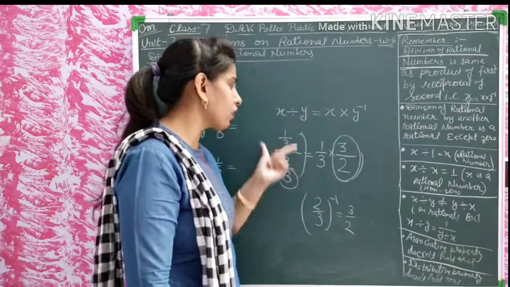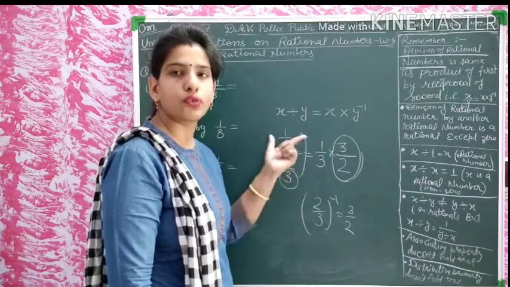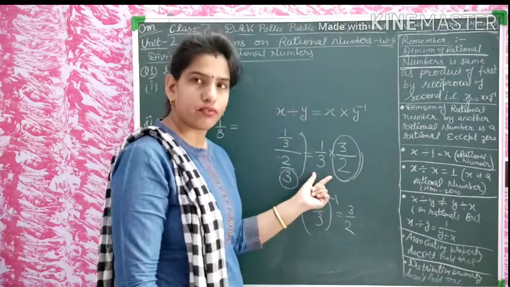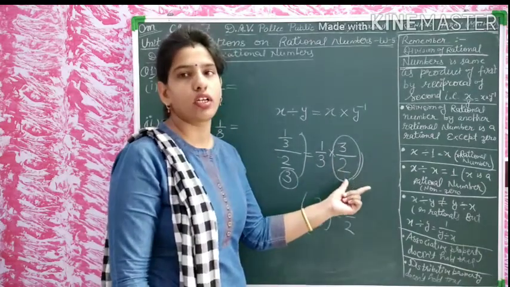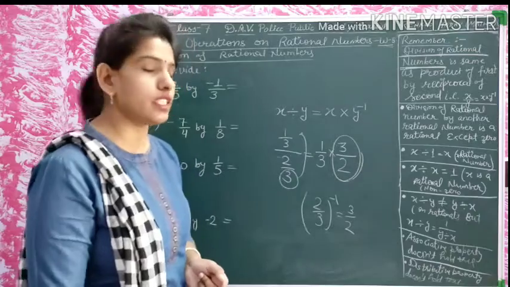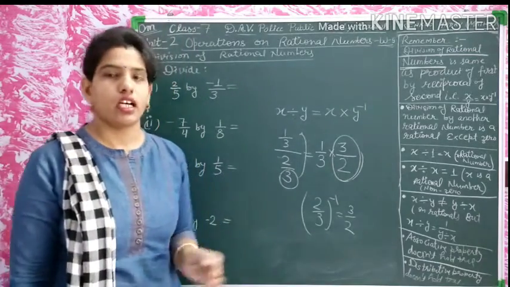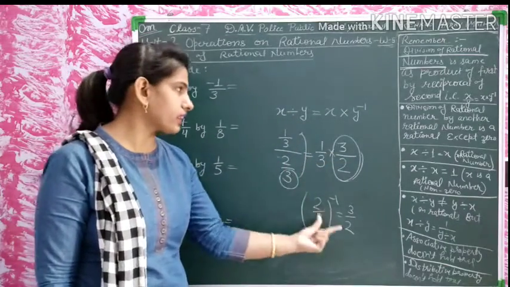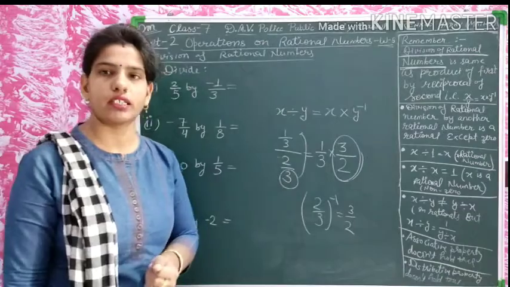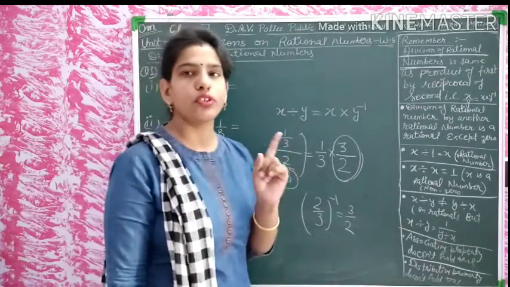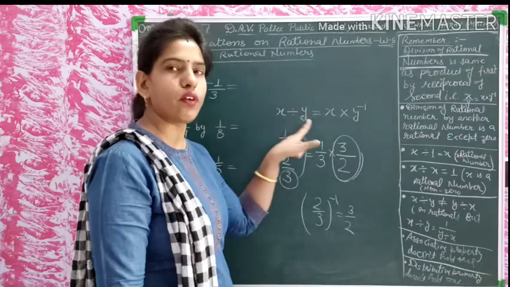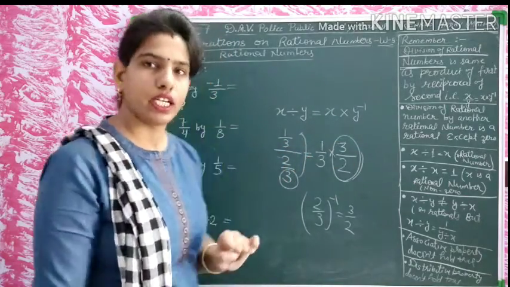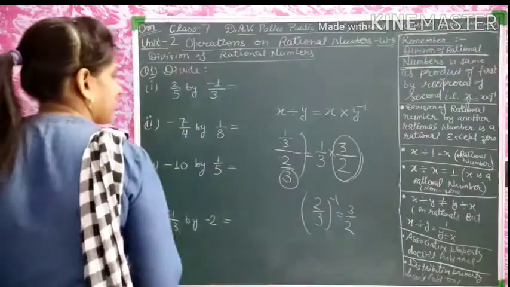So division of two rational numbers is the same as the product of one rational number with the reciprocal of the other rational number. Is it clear, students? I hope you have understood why we use this method and the meaning of this definition. Whenever you have to divide rational numbers, you will use this property. Okay, students?